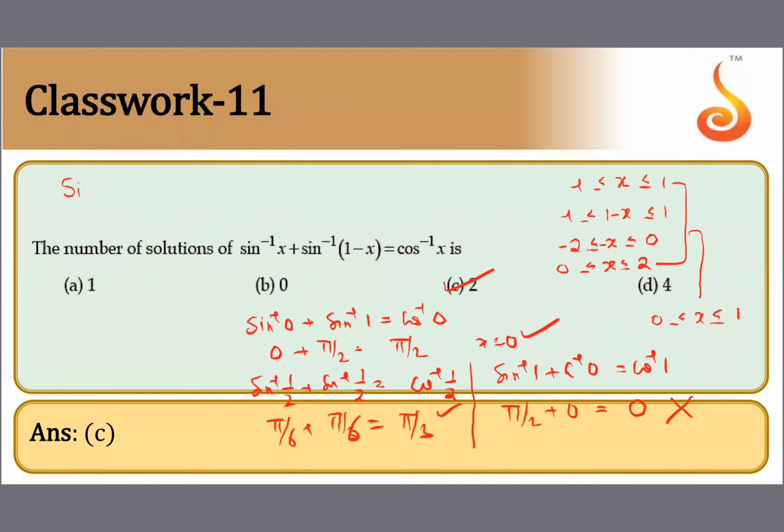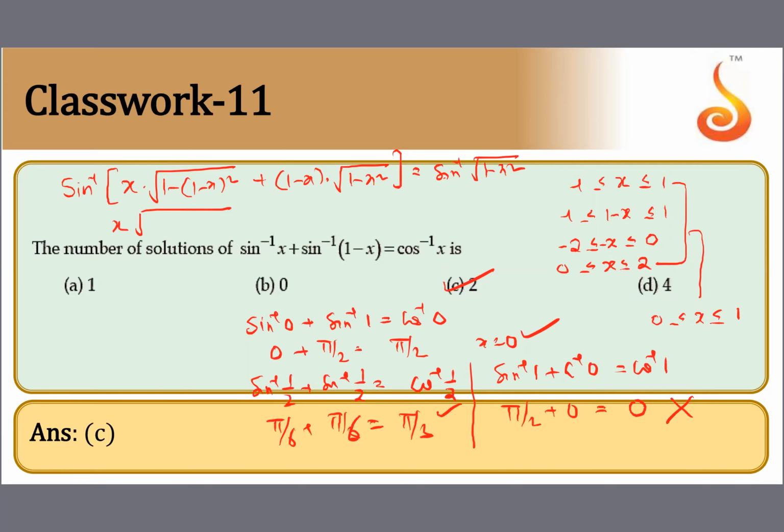You have to write like this: sine inverse x into under root of 1 minus x whole square plus 1 minus x into under root of 1 minus x square is equal to sine inverse under root of 1 minus x square. Now you remove both sines and solve it. So this becomes x into under root of 1 minus 1 minus x, cancels.